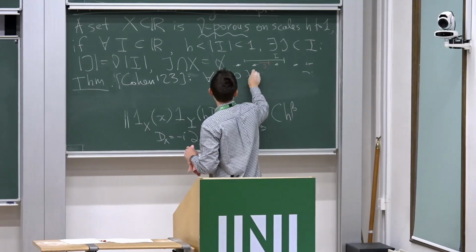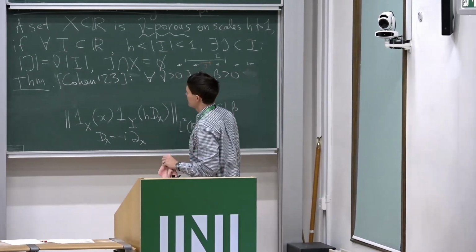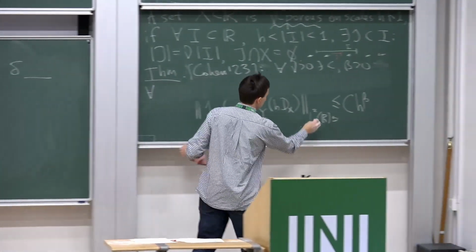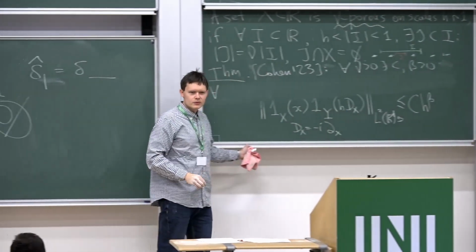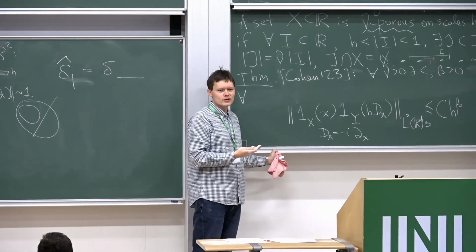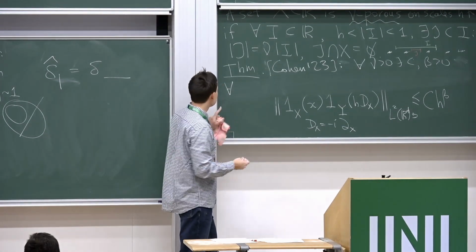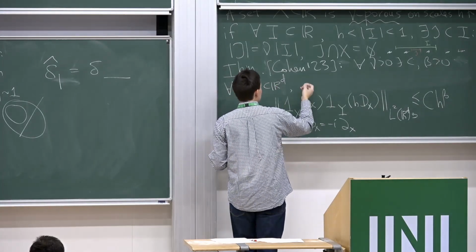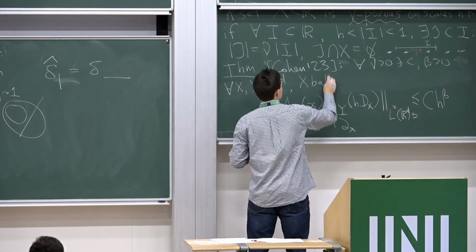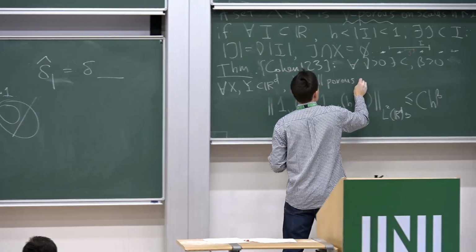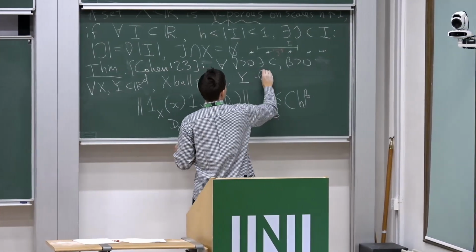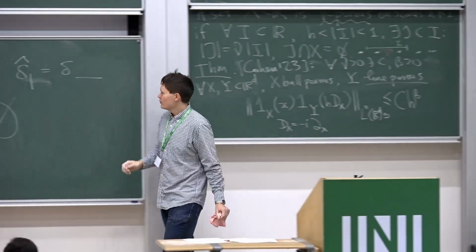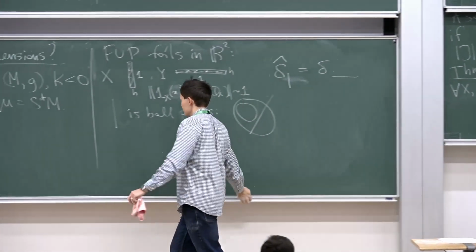For every nu, there exists C and beta. And it turns out that you can still make this argument work, or the theorem is true. It's not the same argument, but the theorem is true if you assume that one of your sets can be ball porous with porosity nu, and the other set, however, has to be line porous.